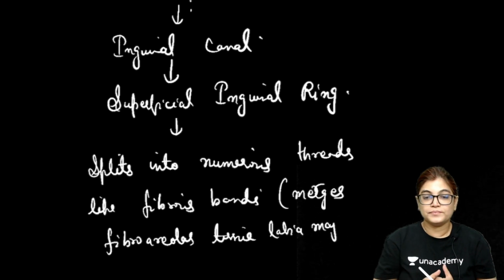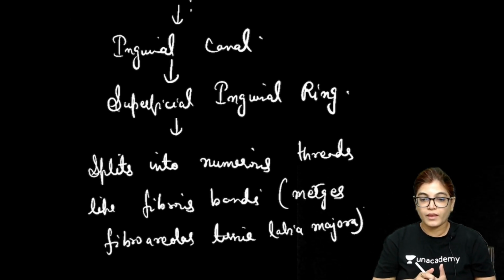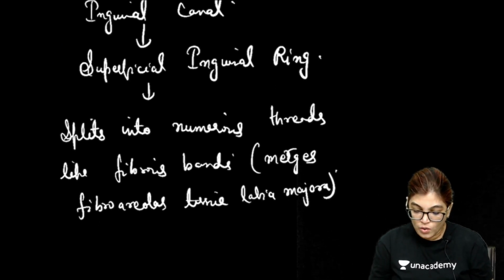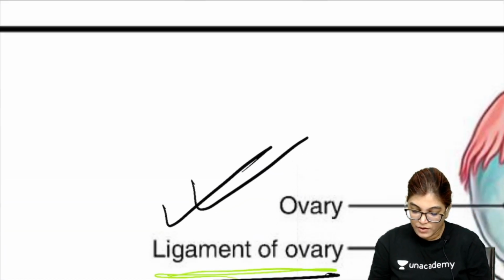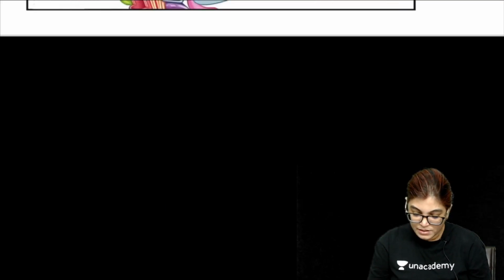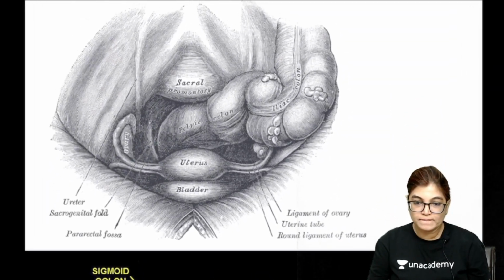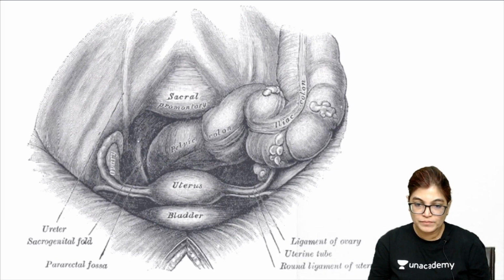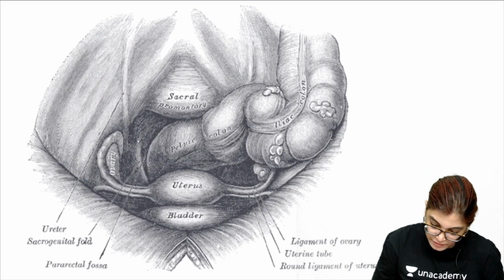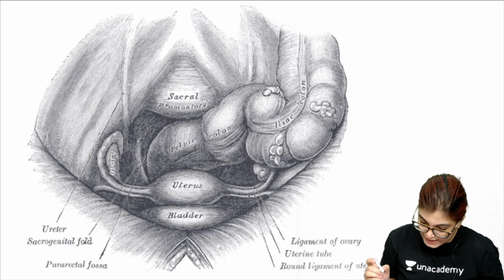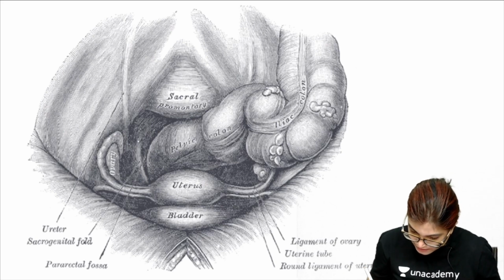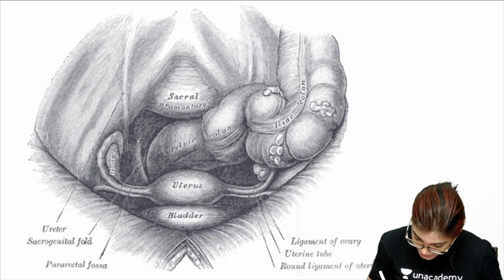Okay. So this is the whole course. Further, I also want to show you another diagram which will show you the relations of this important structure. So see this diagram. Now, here you can see, I am using green color for uterine tube.